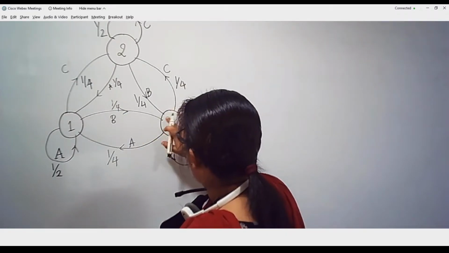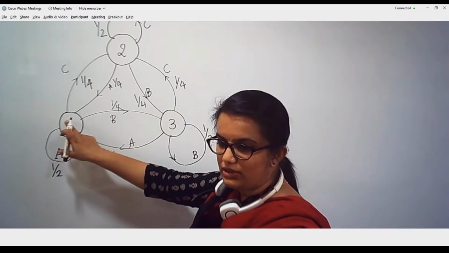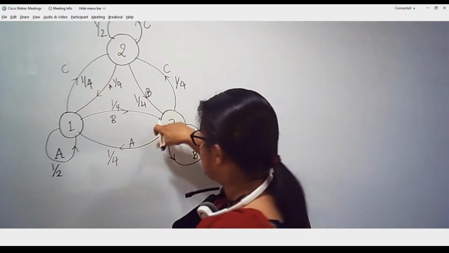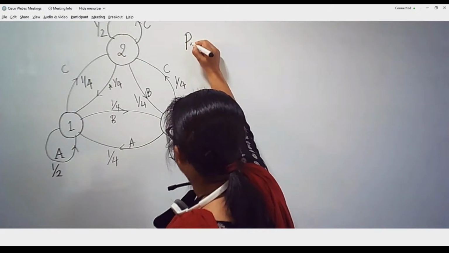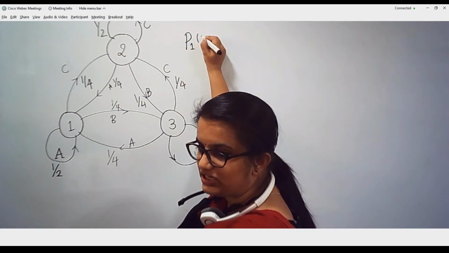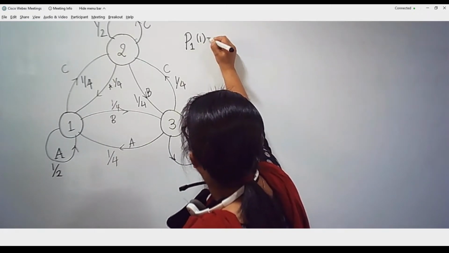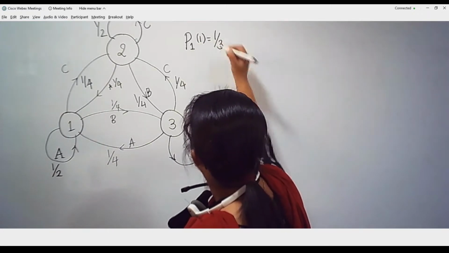The probability that my source will be present at state 1 or state 2 or state 3, there are 3 finite states. Therefore the probability of the source being at state 1 at time instance 1 is 1 by 3.